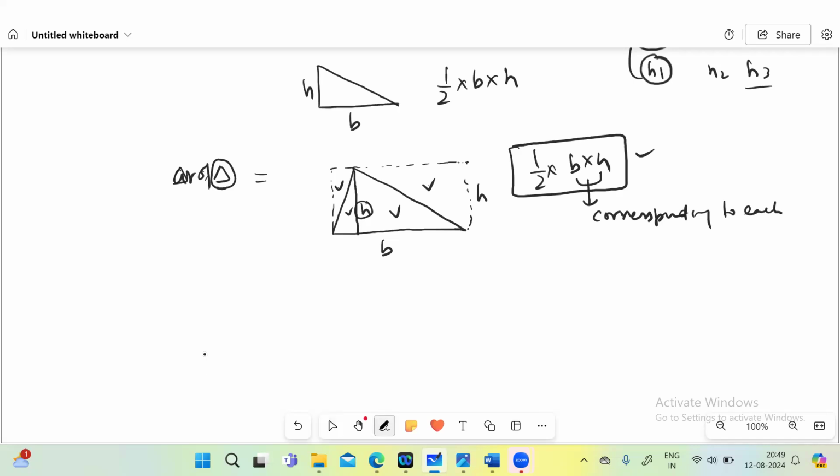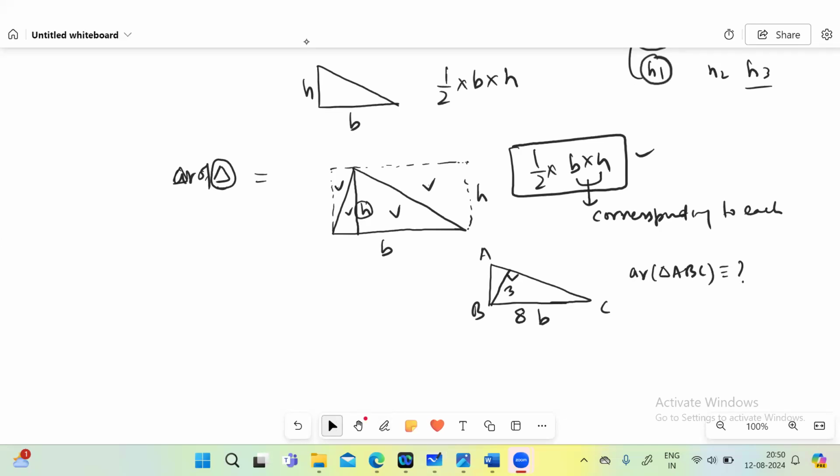So if there is a triangle like this drawn, and this is the base and this is the height, and someone gives you that this line is of length 8 and this is of length 3, and ABC is the name of the vertices. Now, if I ask you, what will be the area of triangle ABC? What will you say? Just tell me. What will be the area of triangle ABC?